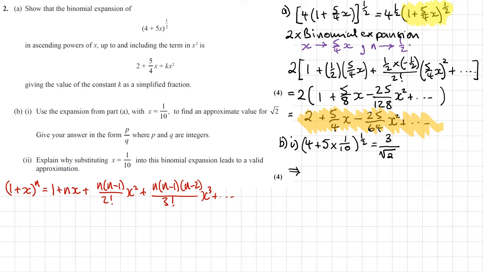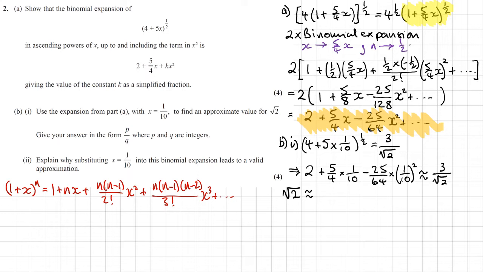So let's take our expansion. So 2 plus 5 over 4x, which is 1/10, minus 25 over 64 times by 1/10 squared. This is giving us an approximate value for 3 over root 2. So I just need to rearrange it so I can find an approximate value for root 2.